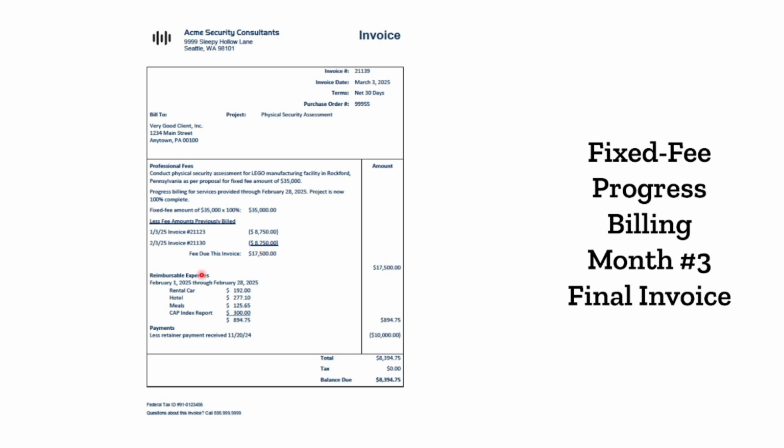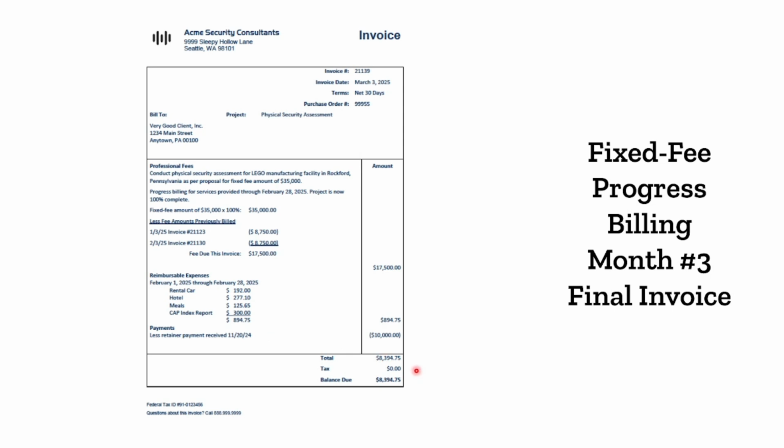To this amount, we would add any final reimbursable expenses that were incurred during the previous month. In this case, those expenses totaled up to $894.75. Because this is a final invoice, we will now get around to finally deducting the retainer payment that the client made to us at the start of the project.